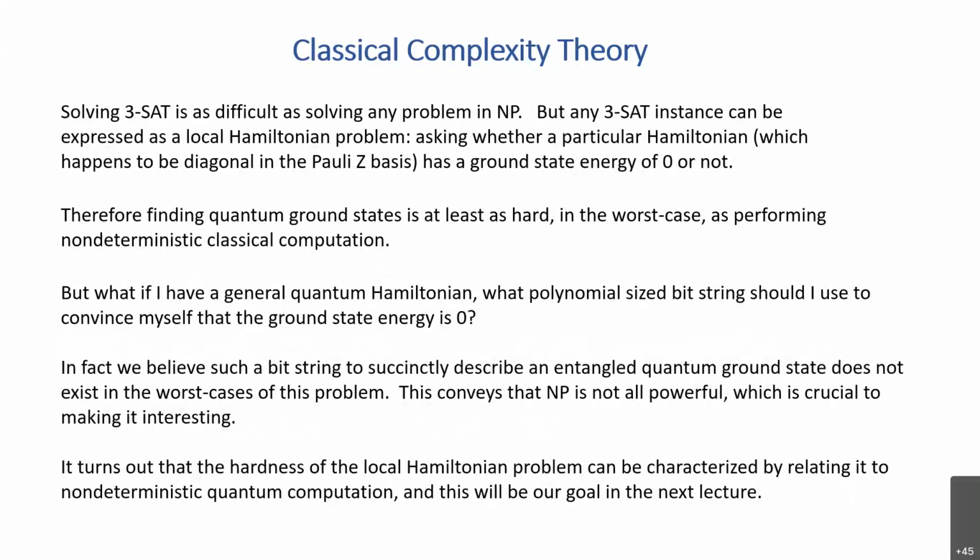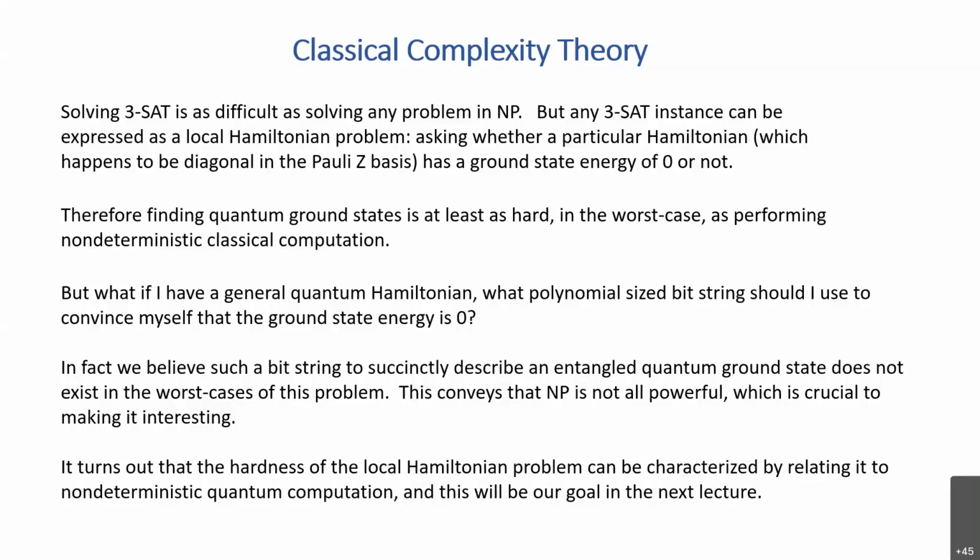Okay, so setting up for part 2 of the lecture here. Solving 3-SAT is as difficult as solving any problem in NP. And we saw in the beginning of this lecture that any 3-SAT instance can be expressed as a local Hamiltonian problem. We can map a 3-SAT instance to a Hamiltonian that is actually diagonal in the Pauli Z or computational basis.